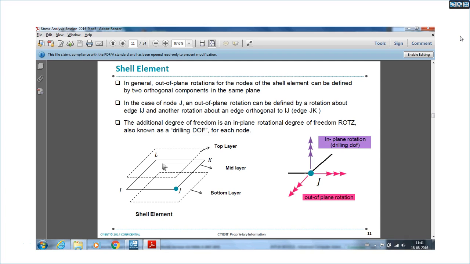When you try to apply load out of plane, like if I take, typically, when you try to apply pressure load on this area, and if I take the top view, this is our plane, and we are applying load out of plane. This is called out-of-plane loading, and that is called in-plane loading. I hope I cleared your doubt.